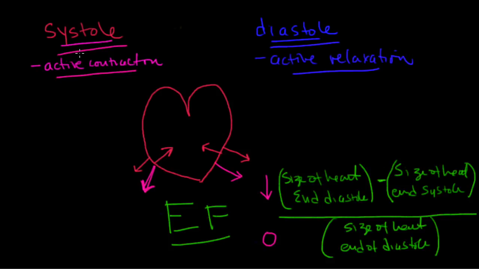Let's review that again. If there's a problem with systole, if the heart is too weak to contract, then these numbers are going to be very similar, and therefore the difference between them is going to be very low. This number will not change, however, and so the ejection fraction will go down in systolic dysfunction.